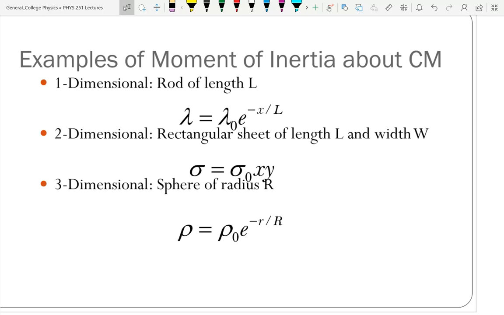So once again, I gave a one-dimensional rod of length L, and I did not specify where we're rotating it around. I would need to specify where we're rotating around. And the obvious thing to do here is to rotate around the end of the rod.